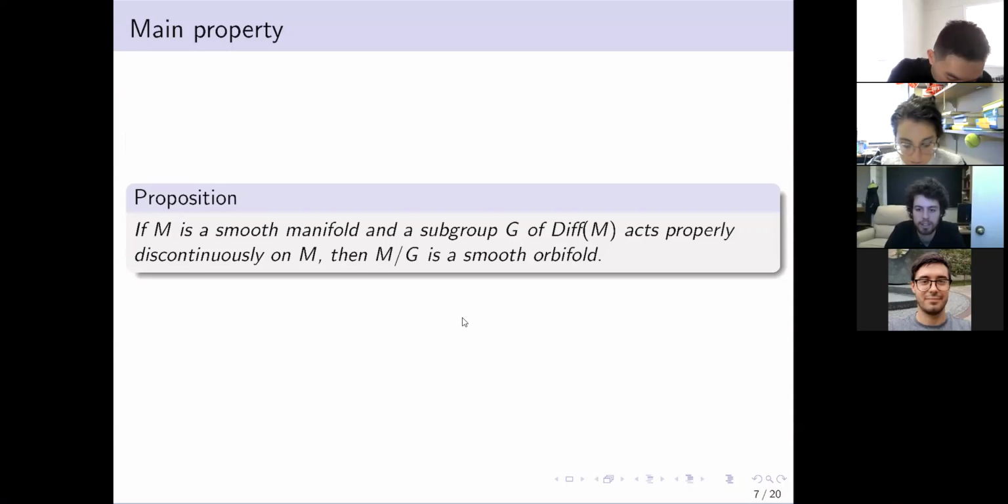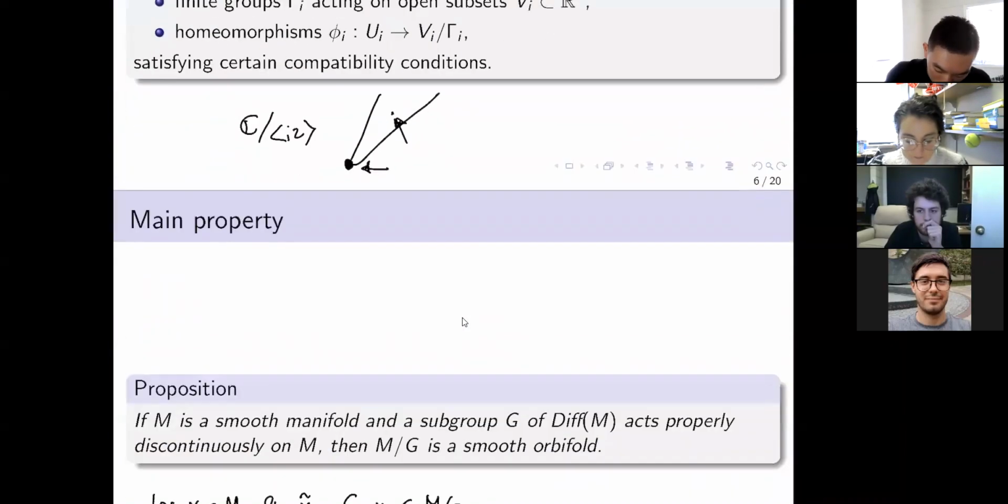So if I start with some point, let's say x, in the original manifold, and I label x tilde to indicate the point in the quotient space, so this is the orbit of x.